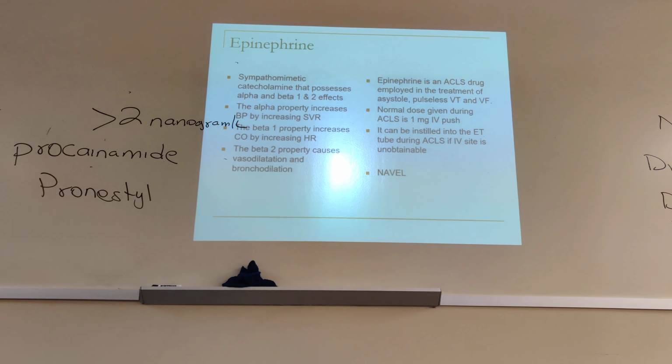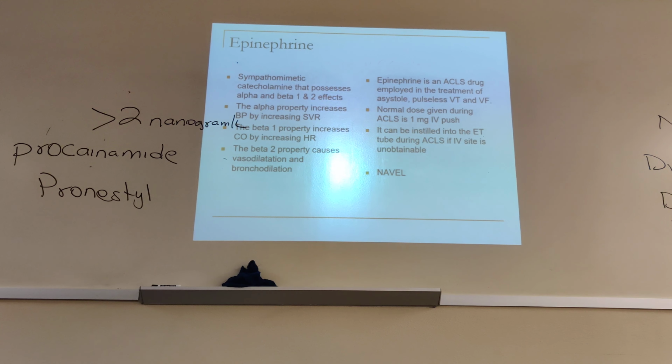You all remember we use it for asystole. In fact, that's the drug that you use for asystole. When somebody has asystole, you do CPR, you give them epinephrine, CPR, epinephrine. You keep on doing that with the hope that they can convert to another rhythm. And then you start reading that rhythm. But if they don't convert, after 30 minutes, they still have asystole, that's the end of the resuscitative effort.